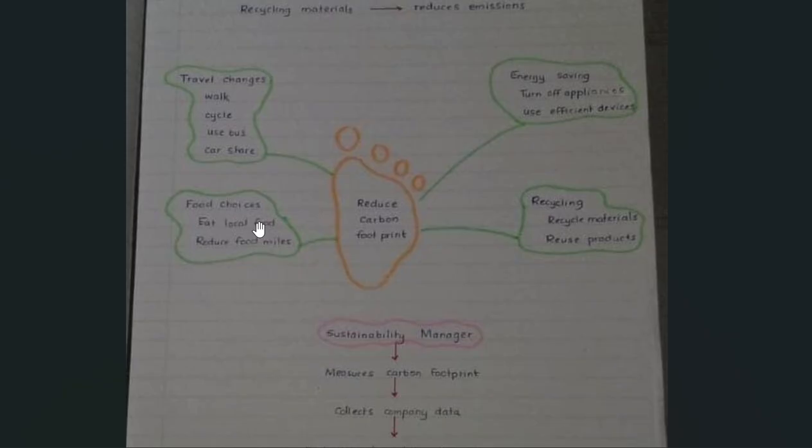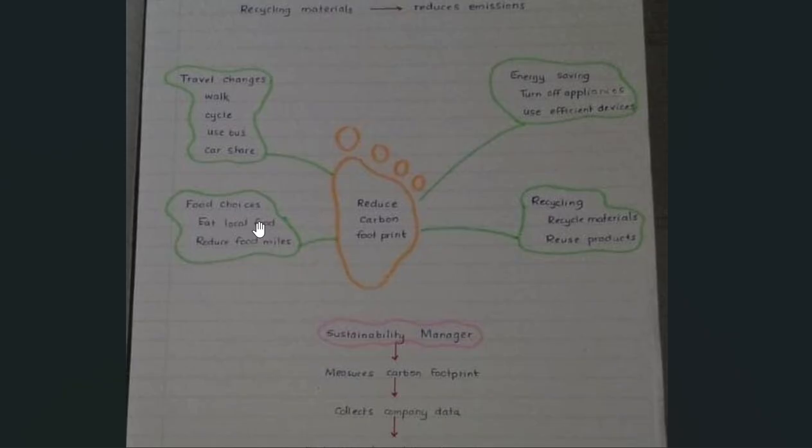If you're purchasing from another country, for food items like dried stuff, you can order online and they will deliver it to you. But then think about the shipping. It should come by ship or by plane. So there will be transportation emissions of carbon.